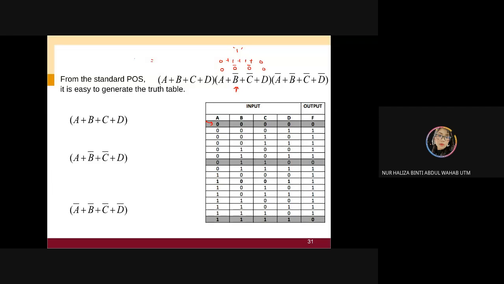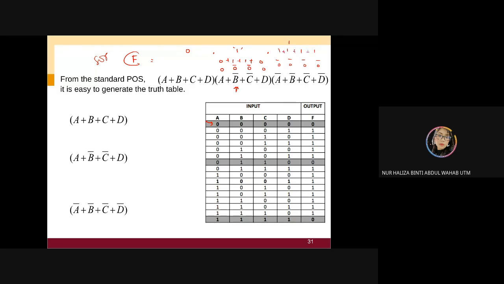So that's why you cannot get F equal to 0, similar to your SOP. So you apply this one. Does it meet the condition to get 0 or not? You apply 0 bar, 0 bar, 0 bar, 0 bar, you get 1, 1, 1, 1. So you can see this one is 0, you will get 1.